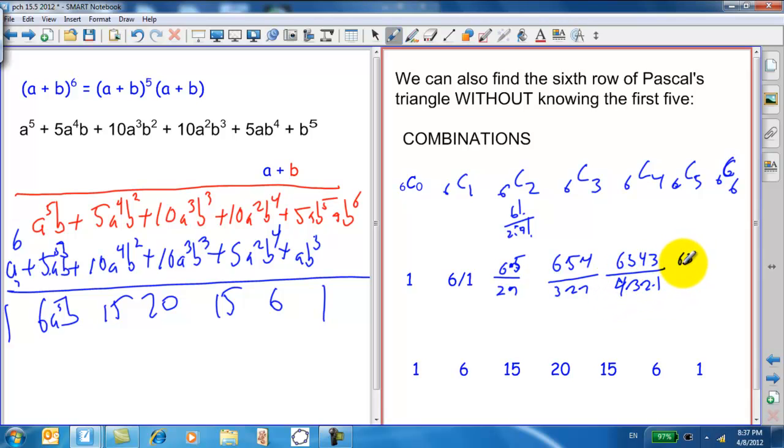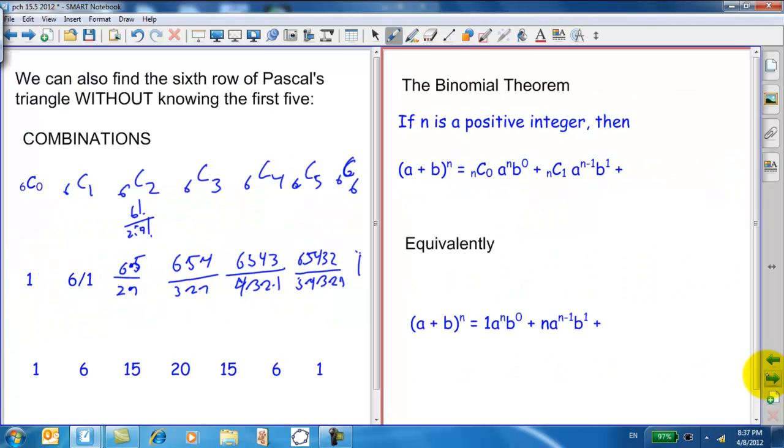And then 6 times 5 times 4 times 3 times 2 over 5 times 4 times 3 times 2 times 1. And finally, we're just going to get 6 factorial over 6 factorial again and get 1. So this alternative approach is nice for just generating the first few terms in a row of Pascal's triangle.